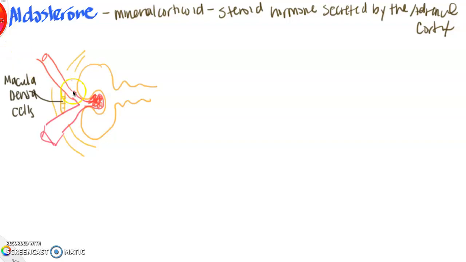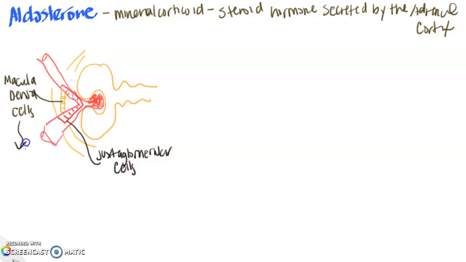And then there are cells in the vessels here called juxtaglomerular cells. And those two together make up the juxtaglomerular apparatus.